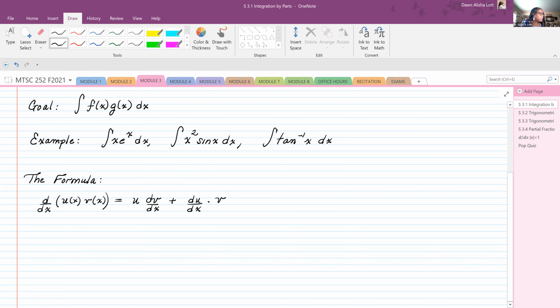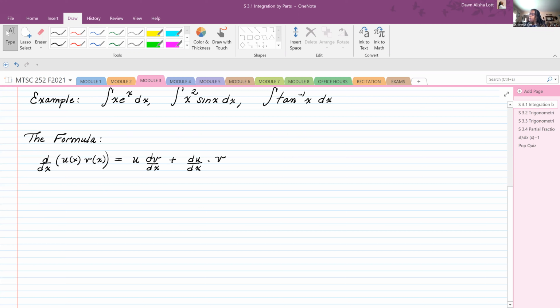Okay, nice and simple. So therefore, if I just use differentials, I get the derivative of the function u times v is u times the derivative of v plus v times the derivative of u.